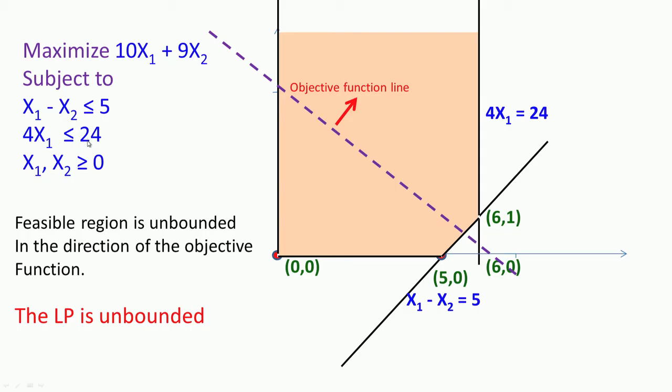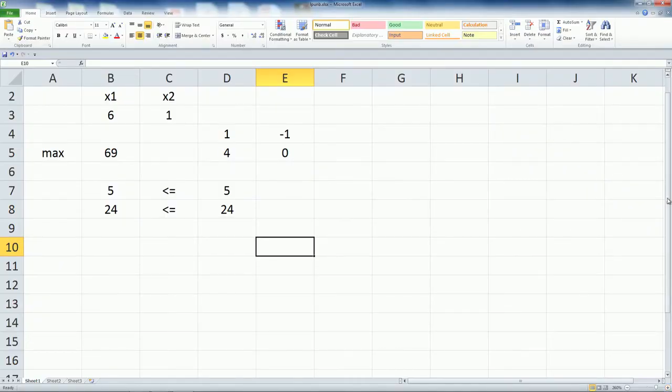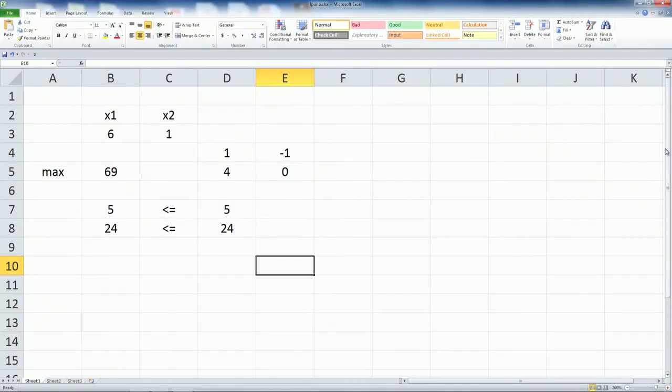So we go to this example. We again have two variables x1 and x2. The objective function is written as 10x1 plus 9x2.